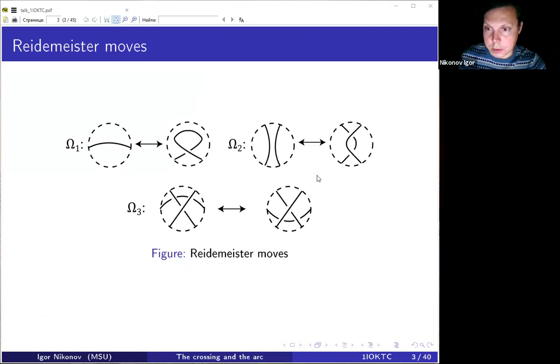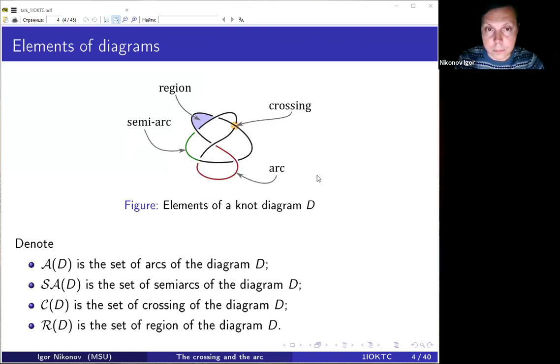So let us look at a diagram. If we consider combinatorial approaches to knot theory, then we deal with diagrams, and any diagram consists of elements. We can look at arcs, that is, parts of the diagram of the knot between two undercrossings. We can look at semi-arcs, which are just edges of the diagram.